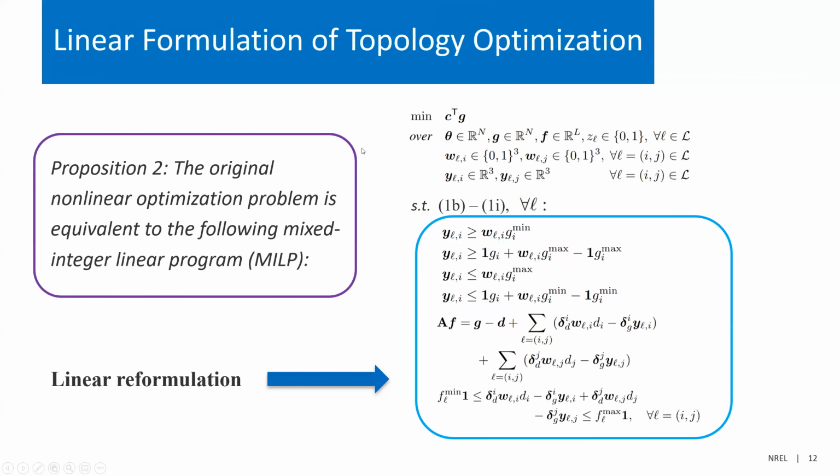By applying the McCormick relaxation, we can keep all the linear constraints and the linear reformulation here. After that, this optimization becomes equivalent to the following mixed integer linear program, which can be efficiently solved by commercial solvers like Gurobi and CPLEX.